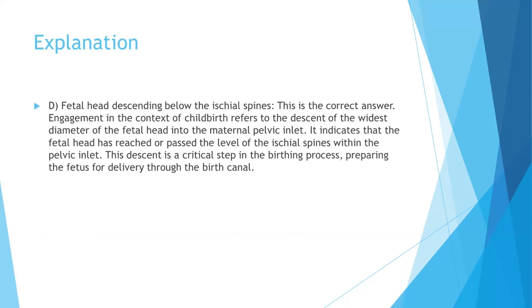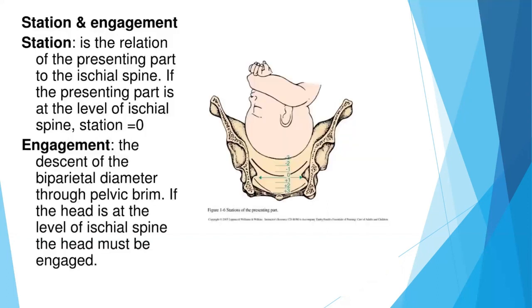So, engagement in the context of childbirth refers to the descent of the widest diameter of the fetal head into the maternal pelvic inlet. Now, it indicates that the fetal head has reached or passed the level of the ischial spines within the pelvic inlet, and this descent is a crucial step in the birthing process, preparing the fetus for delivery through the birth canal. So, station and engagement.